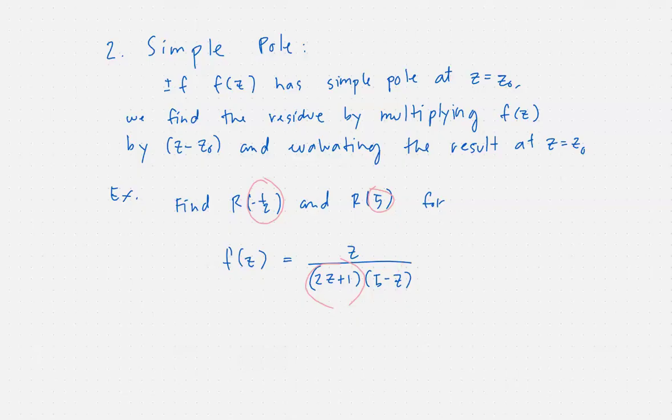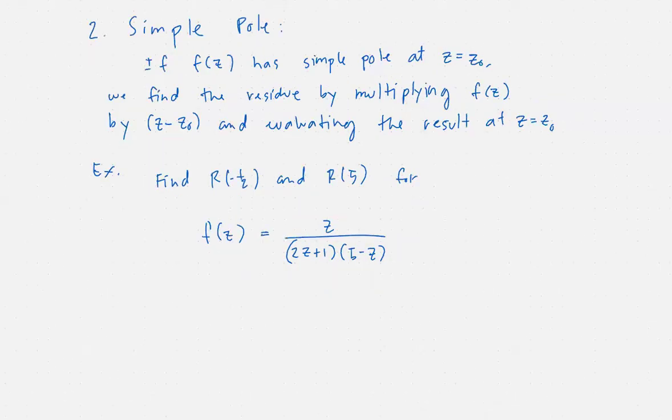Okay, all right. So let's do the instruction. You cannot do this simultaneously, so you have to do it one by one. Remember, we multiply f of z by z minus z sub 0. Minus, that's very important. So for the first residue, we have to take the residue at negative 1/2.